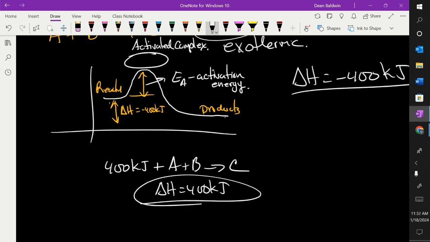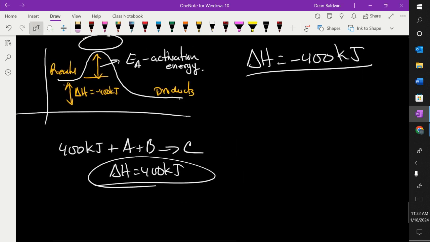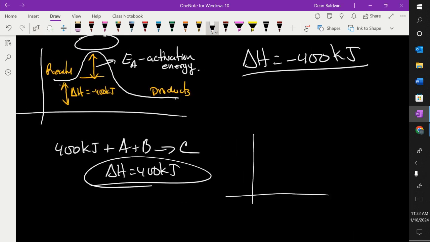Okay? Everything else in the diagram is going to be the same except you finish higher. So you write your delta H right there. And that's your activation energy.